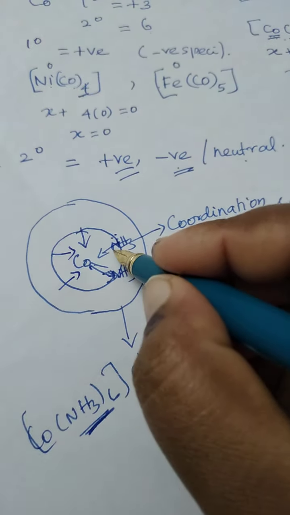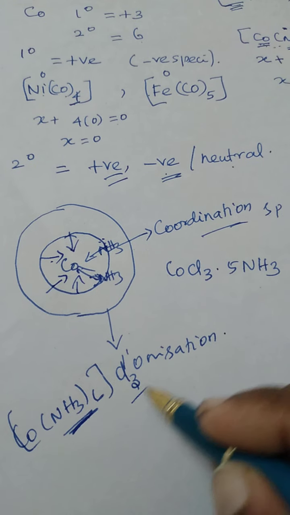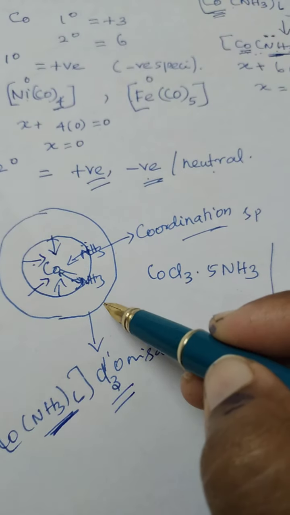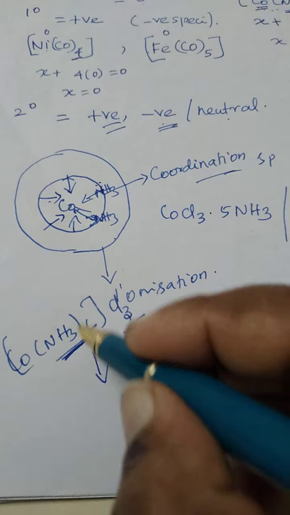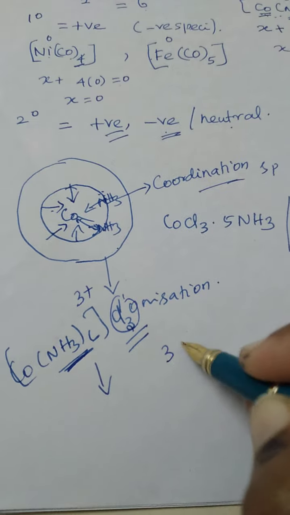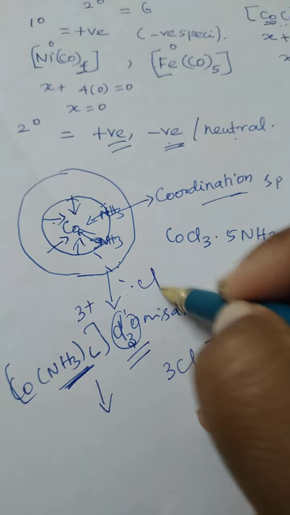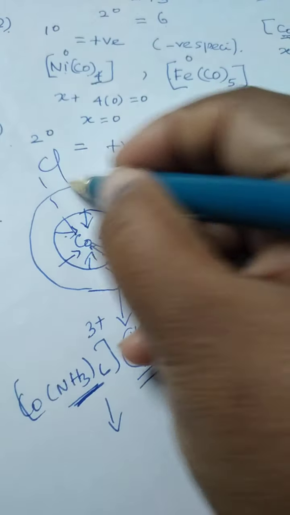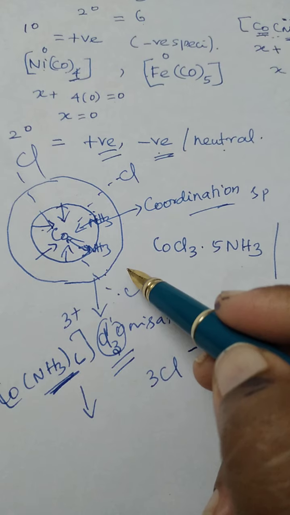There are 6 NH3, 1, 2, 3, 4, 5, 6 NH3 coordinated. But the outer sphere is nothing but the weak attraction between the central atom and the ionization sphere, because this ionizes to give the complex carrying 3 plus and the 3 Cl minus. So the Cl will be present with a weak bond. Easily it can be ionized. So this is about the inner sphere as well as the outer sphere.